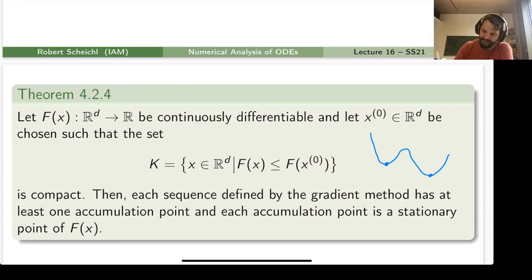So what this K set is saying is that the set of values in R^d that are less than or equal to f of x_0 is compact. So it's essentially this set. This example that I've just drawn here would not be satisfying this condition, because here we would have a non-compact set.